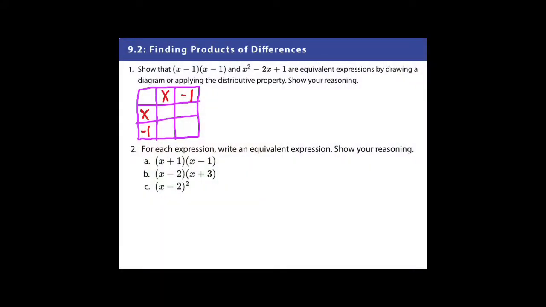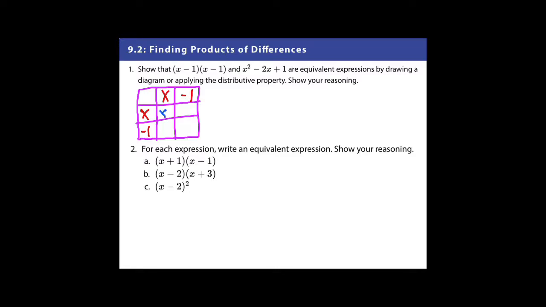Looking at example 2, show that x minus 1 times x minus 1 and x squared minus 2x plus 1 are equivalent by drawing a diagram or applying the distributive property. And so drawing a diagram, we have this.